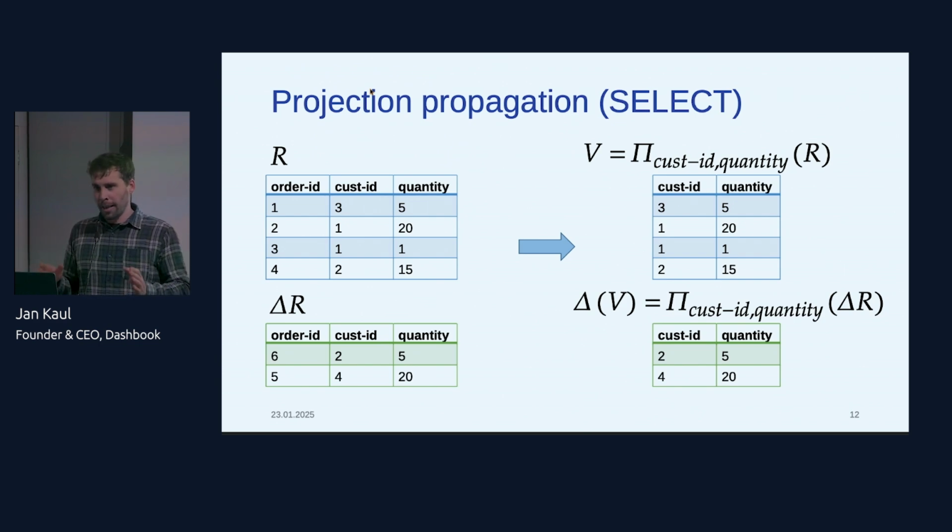We just select the customer ID and quantity columns from the input on the left side. On the bottom right, we have the formula for calculating which rows to add to this new state. For a projection operator, it's actually also just applying the projection to the delta, so we're also just taking the customer ID and quantity columns from the delta. It's pretty easy. You just apply the same operation to the delta and you're done.